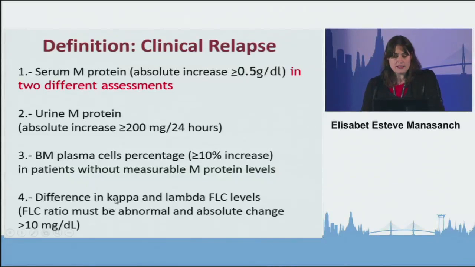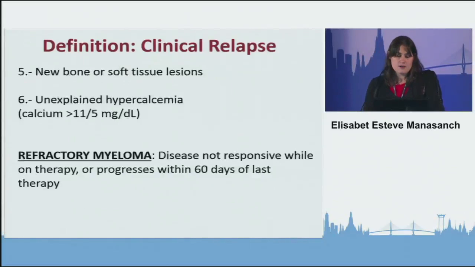If we're using the difference in the kappa and lambda levels, or lambda and kappa, depending on what the patient's protein is, then the absolute change between the abnormal and normal light chains has to be more than 10 milligrams per deciliter. If the patient does not have measurable M protein levels and we're looking at just bone marrow plasma cells, the increase has to be at least 10%. The patient may also have just extramedullary myeloma.